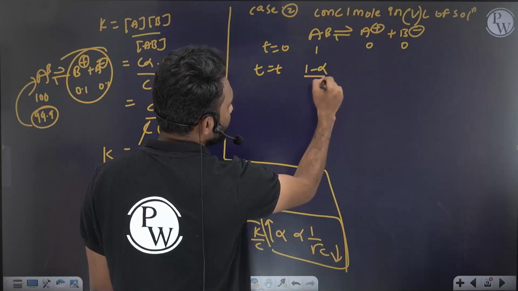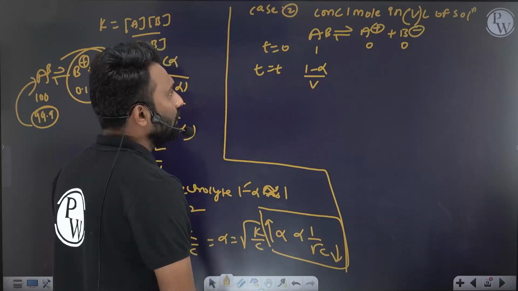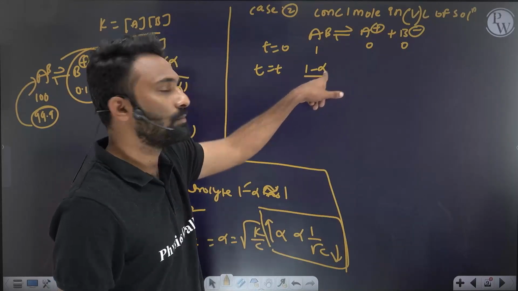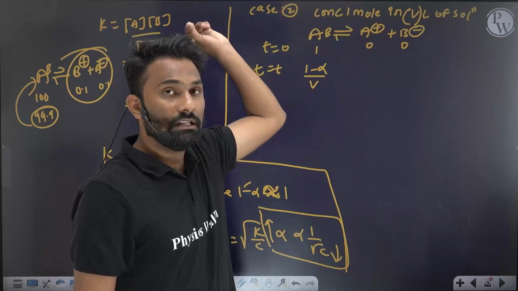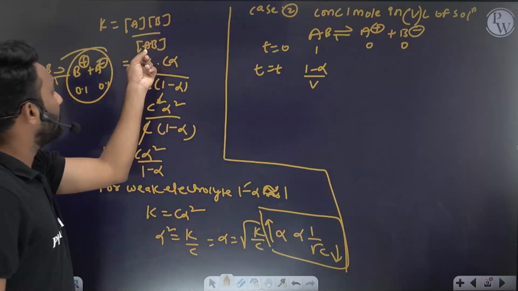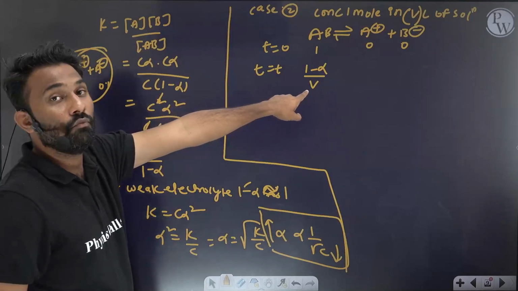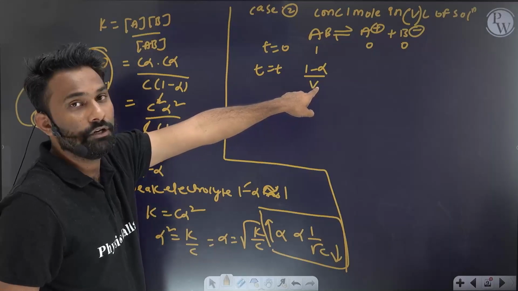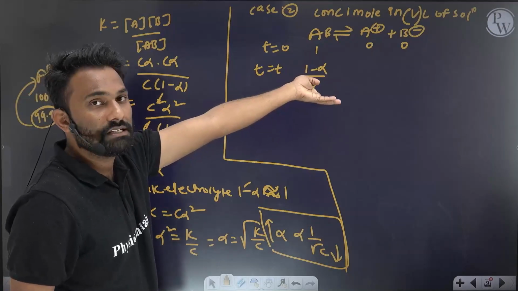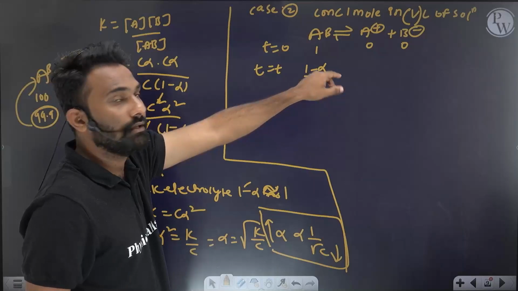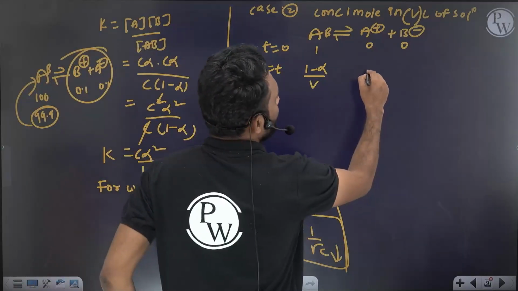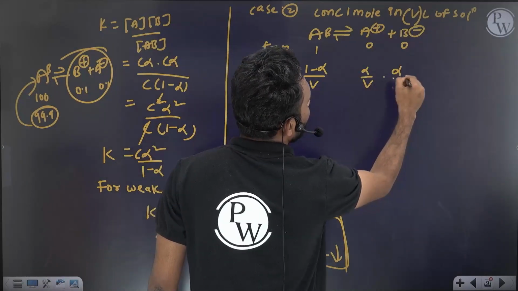1 minus alpha has been dissociated. Now here concentration will be expressed in terms of volume, because in the first equation we had taken 1 liter, but here we don't know the volume, some V value, so we cannot neglect the volume V. Here alpha by V will be formed.